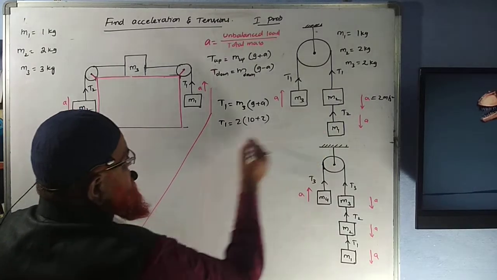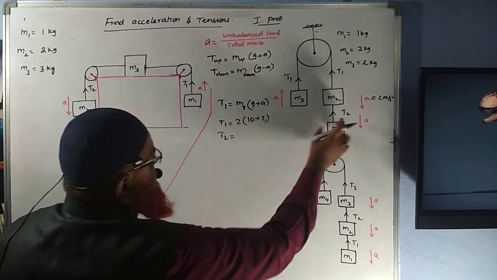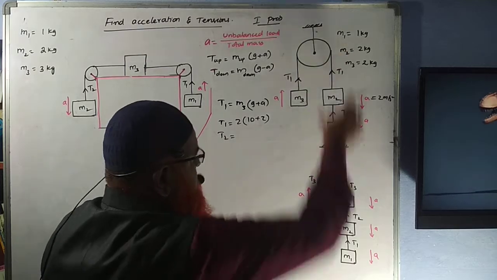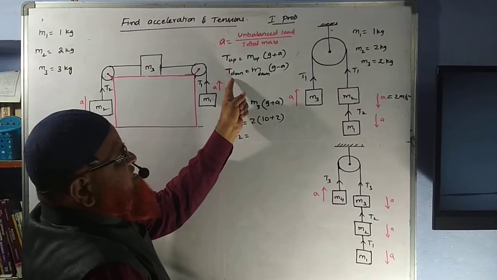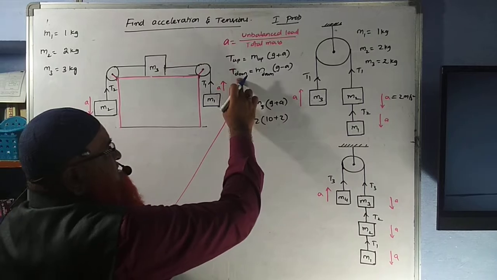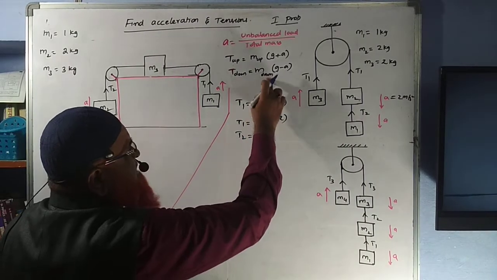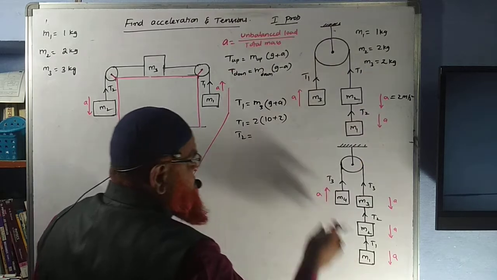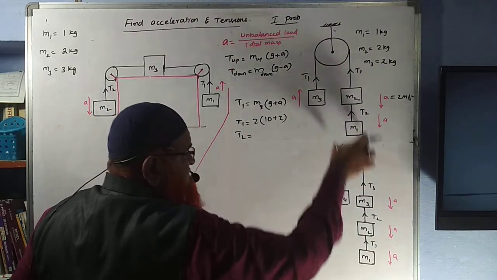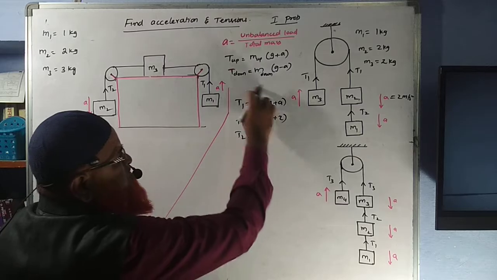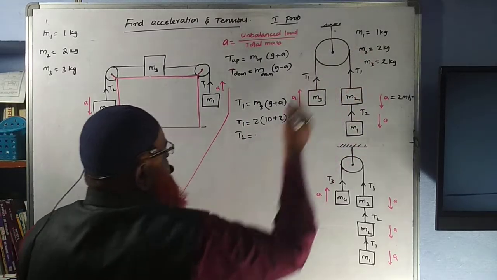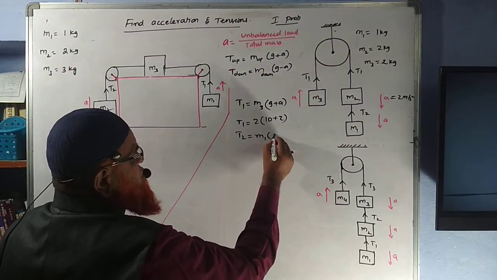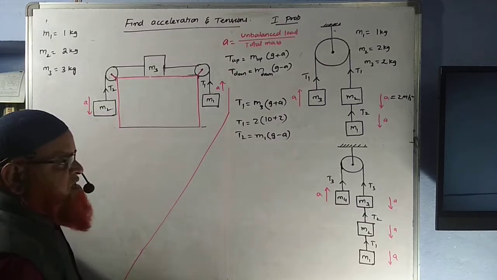How are you going to find out tension T2? Tension T2 means this body is coming down. So the body for which it is coming down, tension down is going to be mass down into G minus A. For this body is going down. So the body which is moving down is M1. So you have to consider the mass of M1 here. So M1 into G minus A you have to consider here.